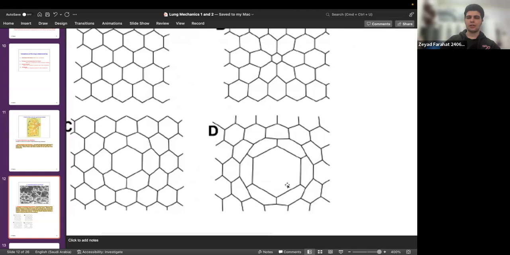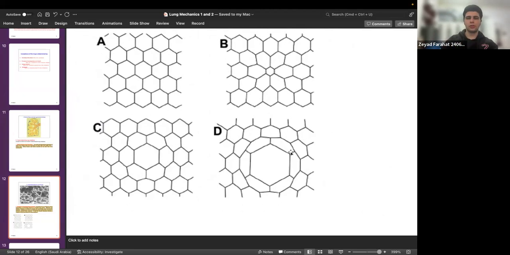Same over again here. The more it's inflated, the more the compliance here decreases, the more the others around it are going to get squished. Like now there are two rows of squished alveoli around it, and this one is the most squished. So then you have an even greater increase in compliance to get an overall normal tissue.